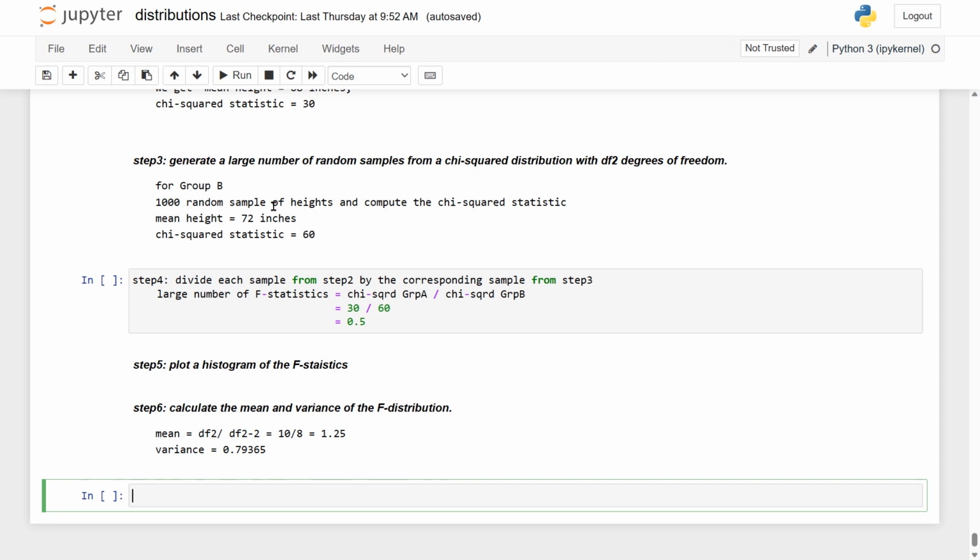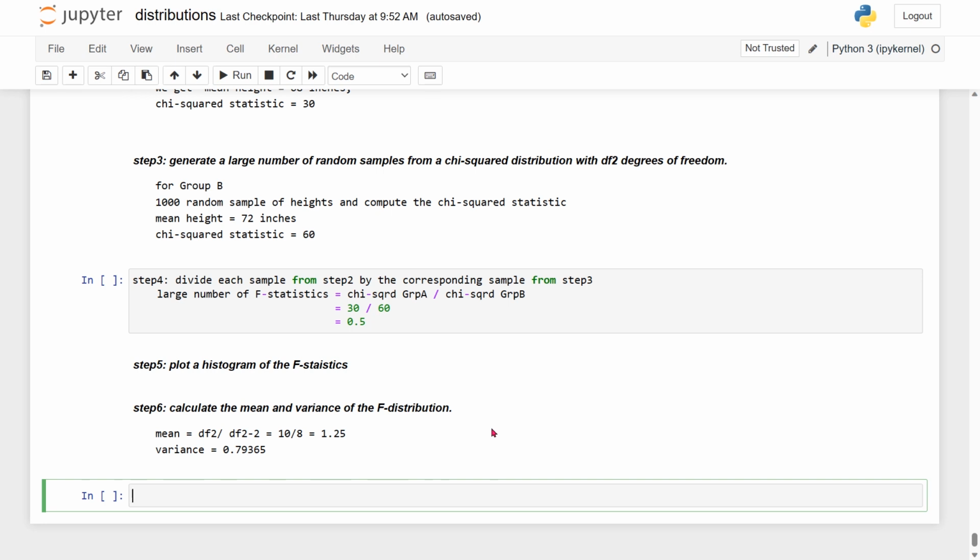So df2 equals 10 satisfies the condition. The condition to be satisfied is that the degrees of freedom should be greater than 2. We always go with df2 being greater than 2, and we used that to calculate the mean and variance.